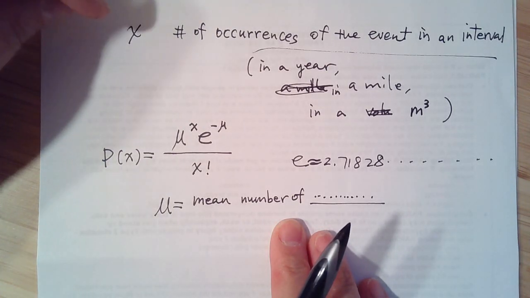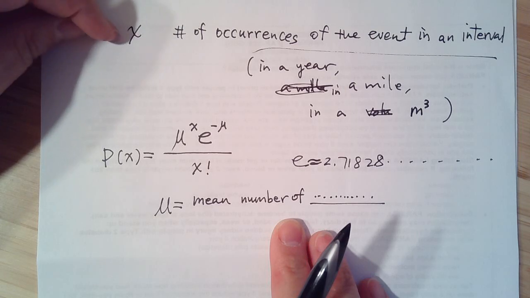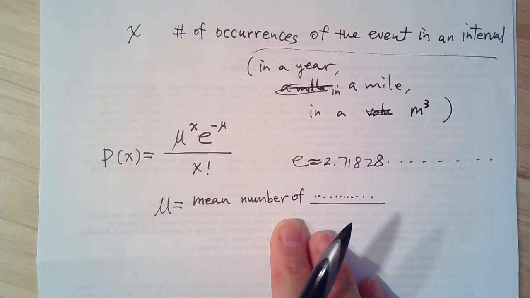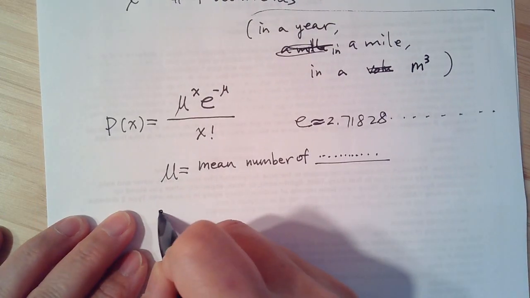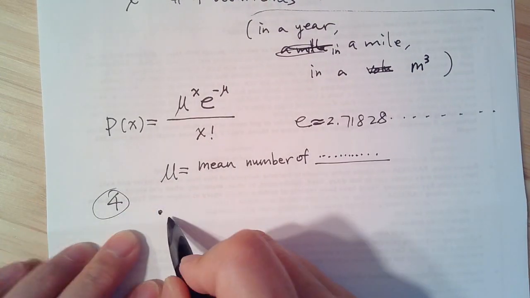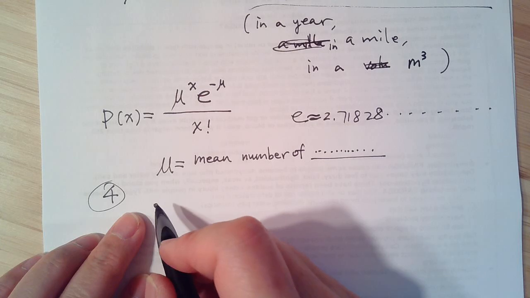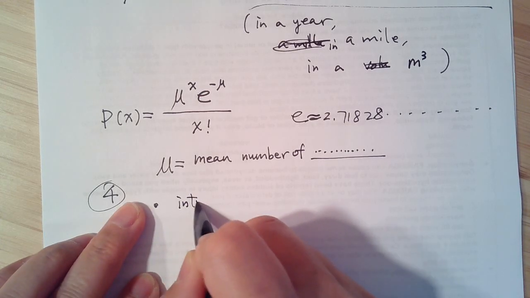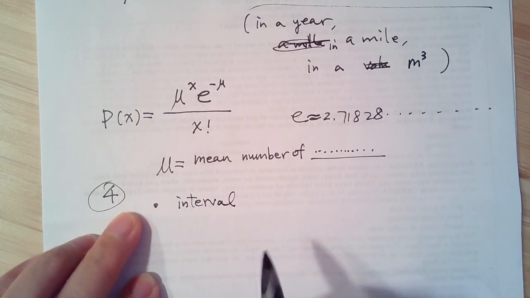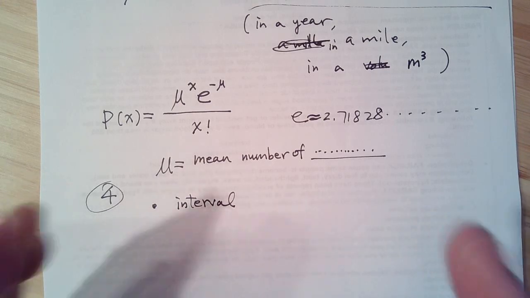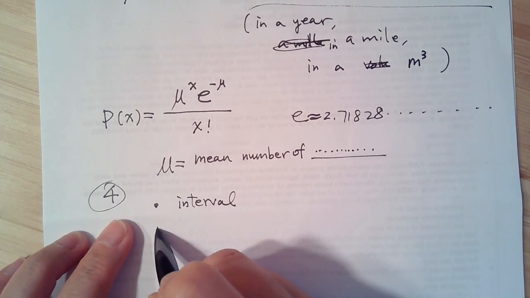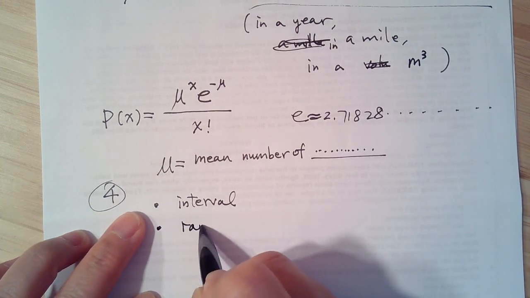So again, there are 4 requirements. Number 1, interval. We always talk in a certain interval. Number 2, very random. Every single occurrence is random.